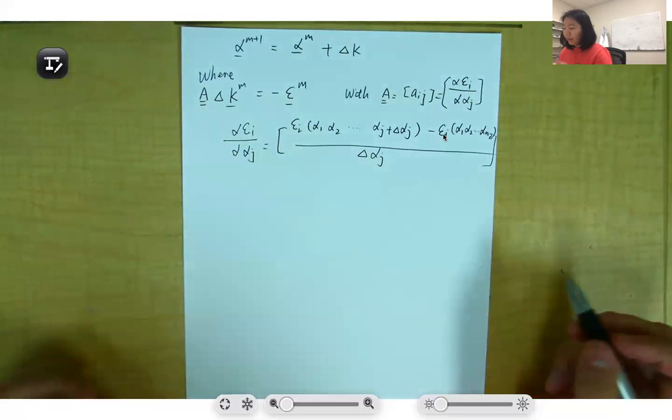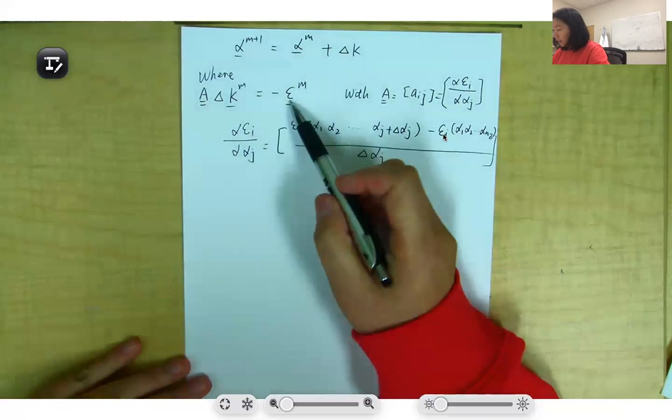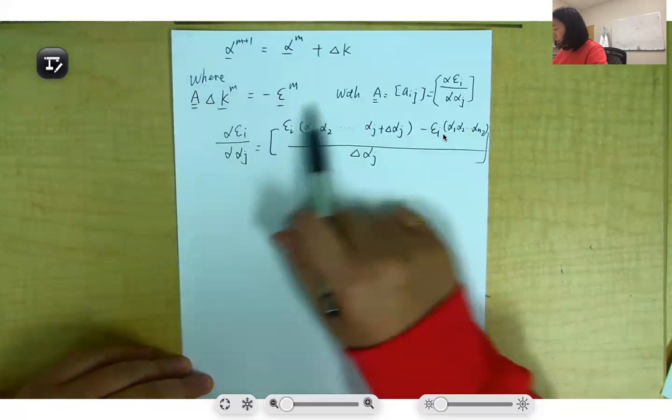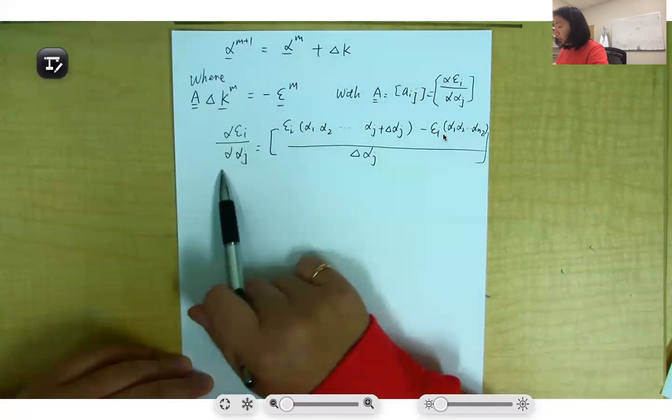So basically, we are trying to predict the future value based on the current value with this error analysis, which stands for the slope of the current error as a function of your initial guess.